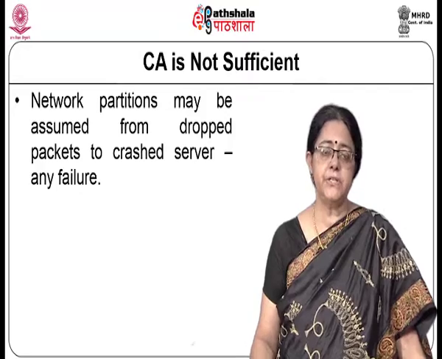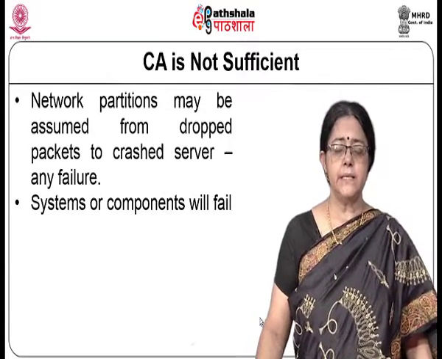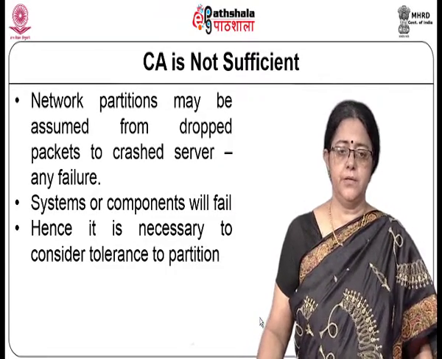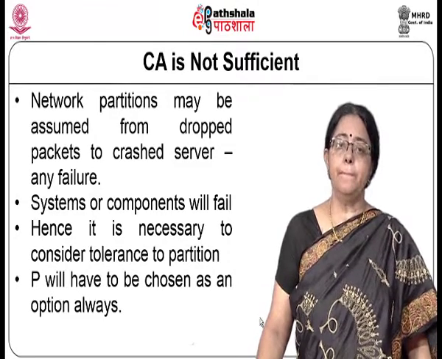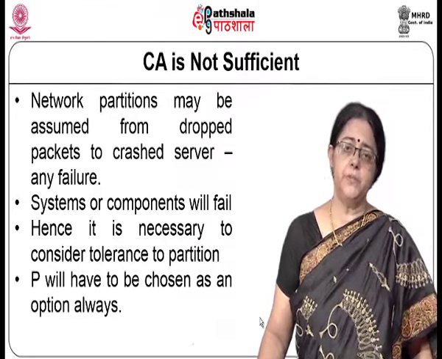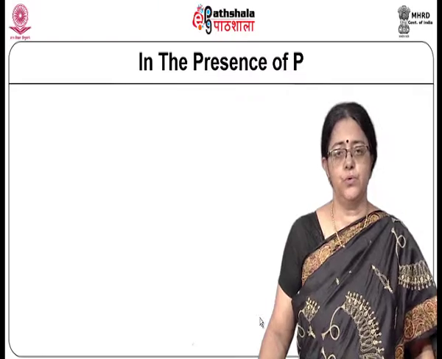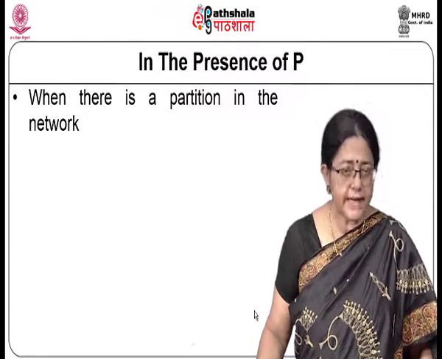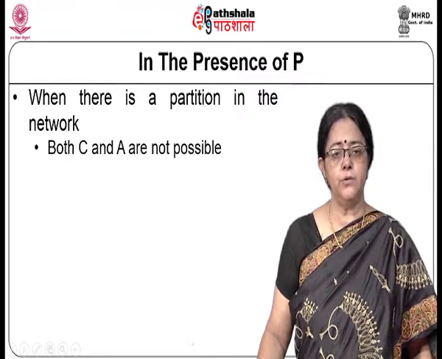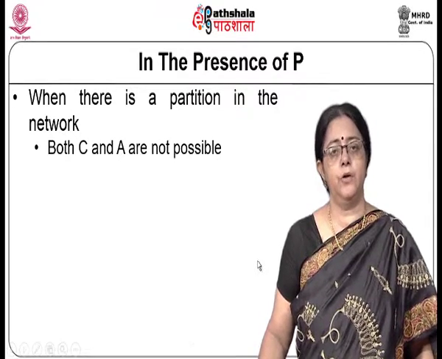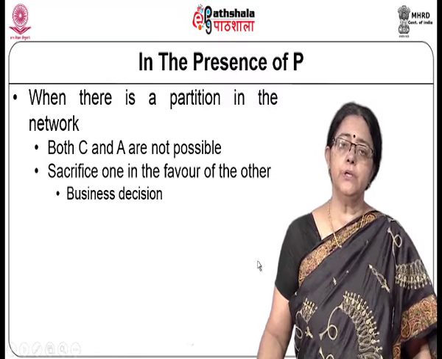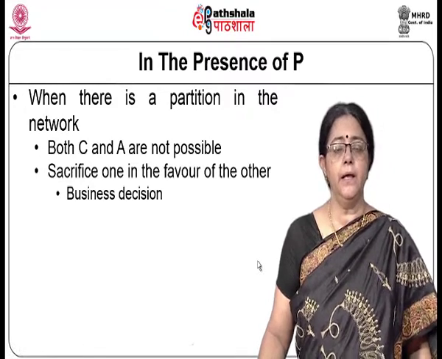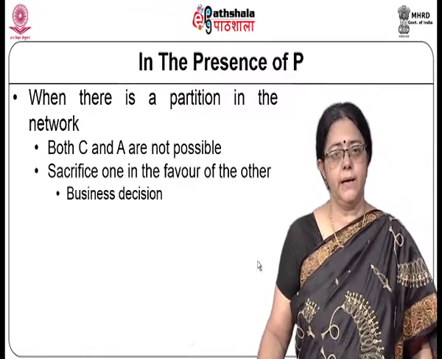Is CA sufficient? CA is not sufficient because there will be network partitions. So, P is one option that we have to choose. In the presence of P, which is the failure option, both C and A are not possible. So, which one we should choose will depend on the kind of application that we are developing.